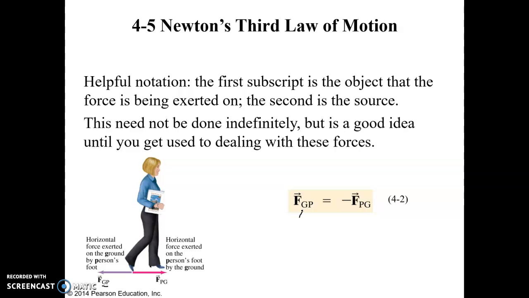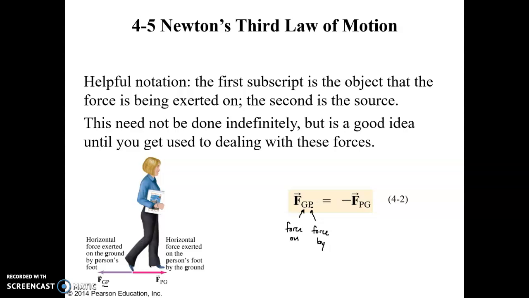So this is the force on the ground. And this is the force by. So G and P are only used for this example because we're talking about a ground and a person.